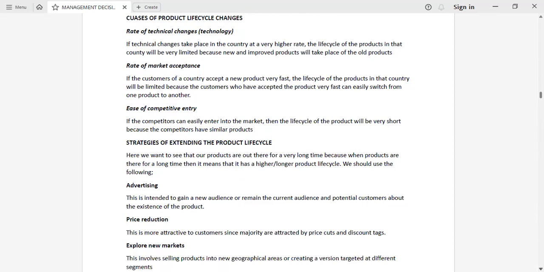So the first one, we can look at the rate of technical changes. That is the rate of changes in technology. If the technical changes take place in a country at a very high rate, then the life cycle of a product in that country will be limited, because new and improved products will phase out the old products.